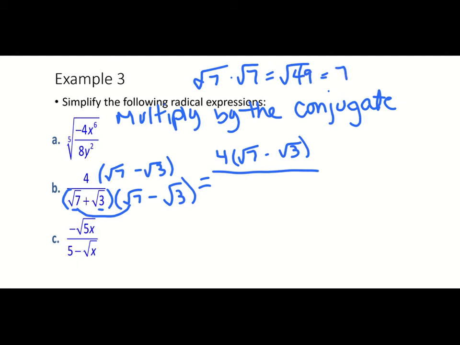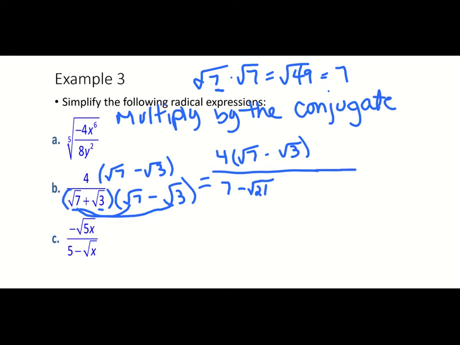Anytime you multiply two square roots together that are exactly the same under the radical, you get whatever's under that radical out of it. So I'm going to put my 7 there. And then I'm going to do 7 times negative square root 3, which gives me negative square root 21.